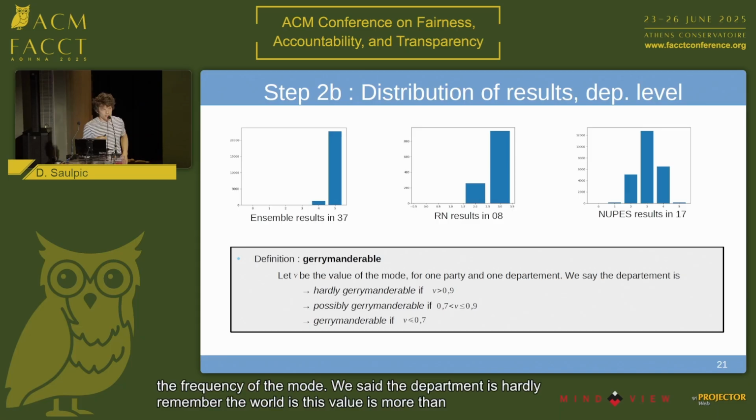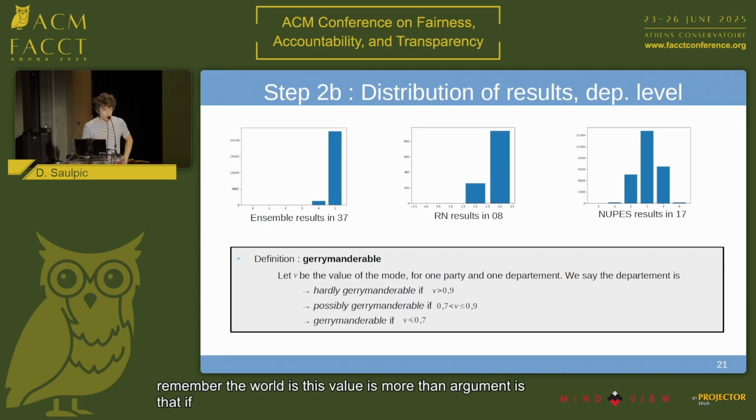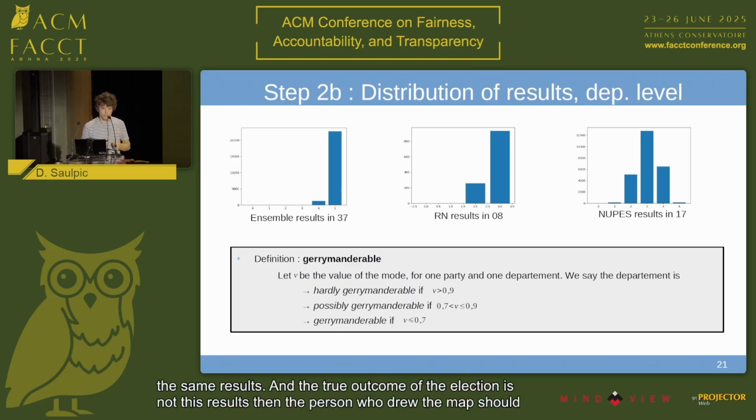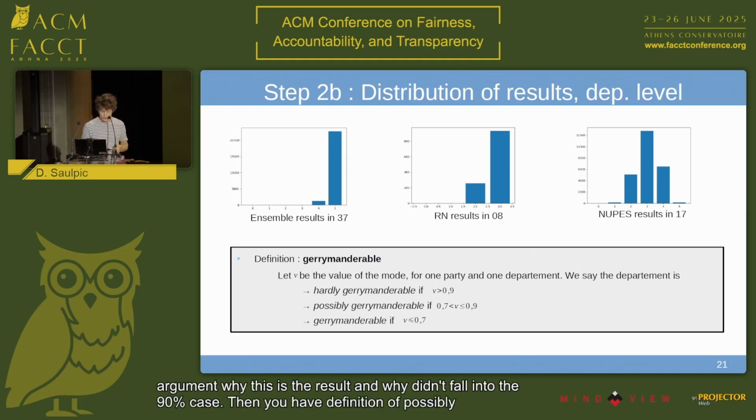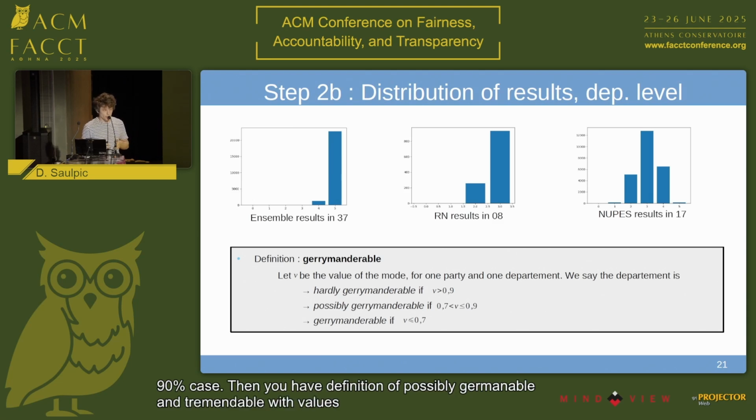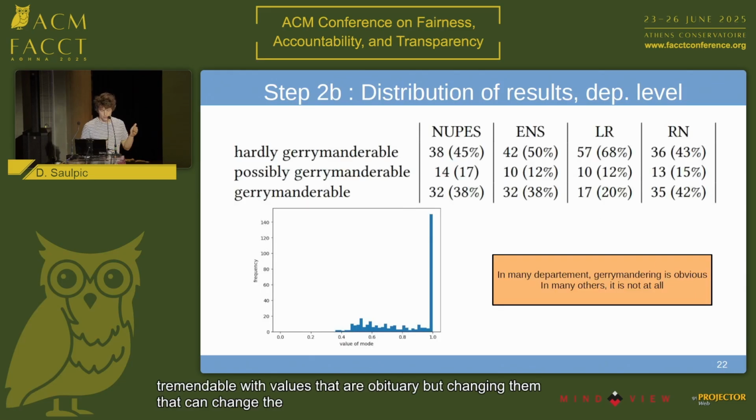And our argument is that if 90% of the maps yield the same result, and the true outcome of the election is not this result, then the person who drew the map should have a very strong argument why this is the result, and why it didn't fall into the 90% case. Then we have definitions of possibly gerrymanderable and gerrymanderable with values that are arbitrary, but changing them doesn't change this table when we count the categories.